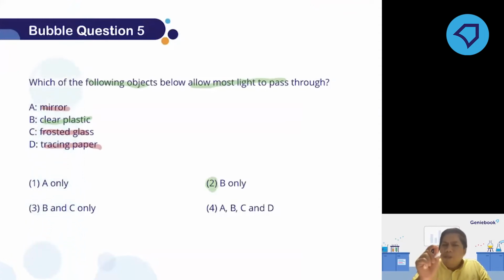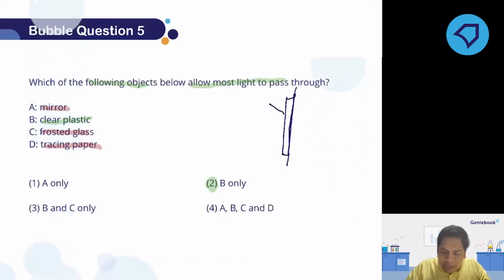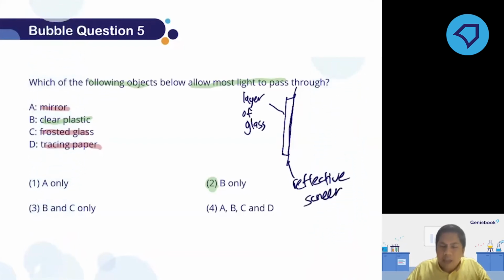Okay, let me go into a bit more detail about mirrors, for those who do not know about the concept. A mirror is actually made up of a layer of glass and a reflective screen behind. So there's the layer of glass here, and this reflective screen, which allows you to see your reflection.